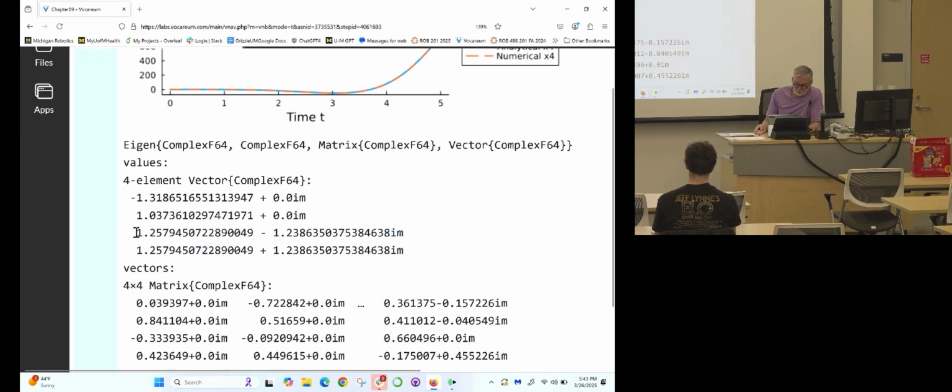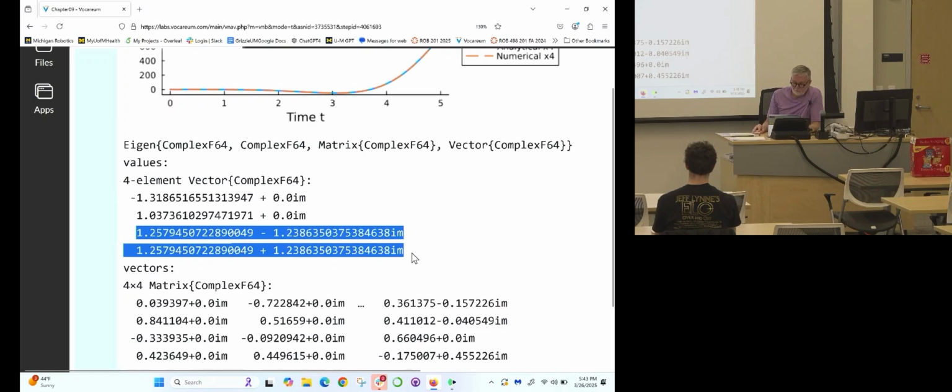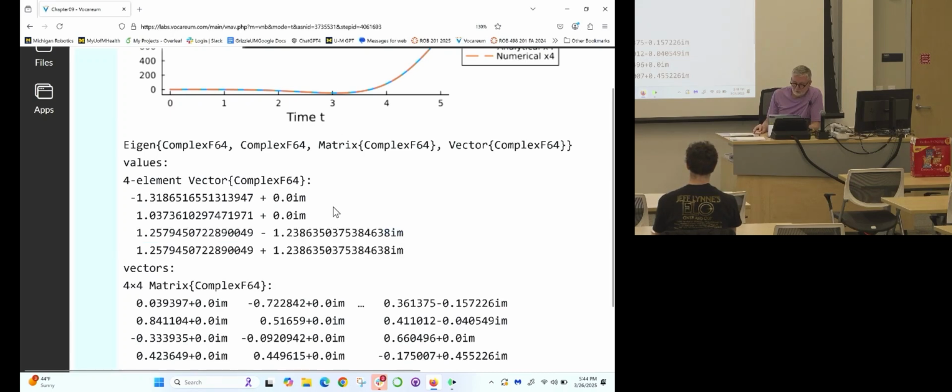But remember Euler's formula: e to the i theta is equal to cosine theta plus i sine theta. e to the i omega t is cosine omega t plus i sine omega t.